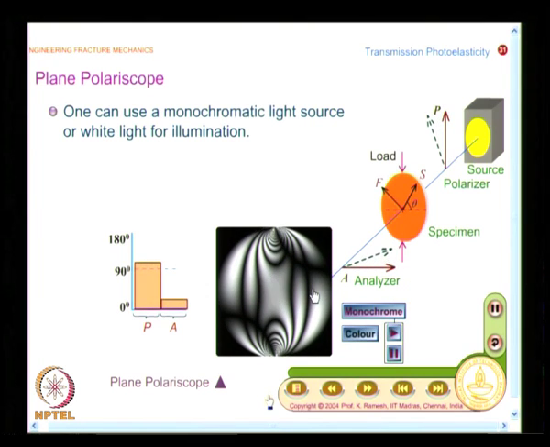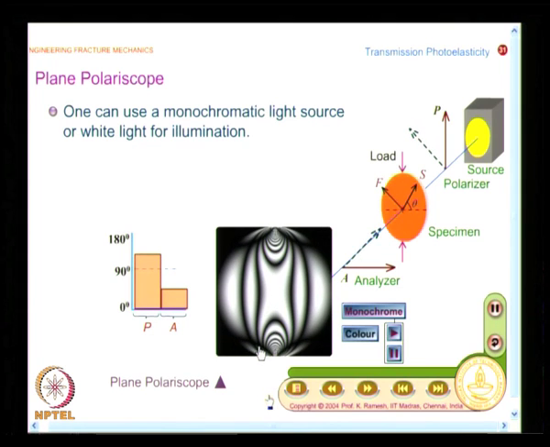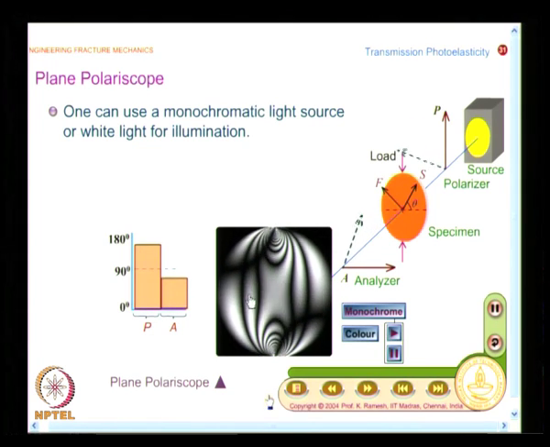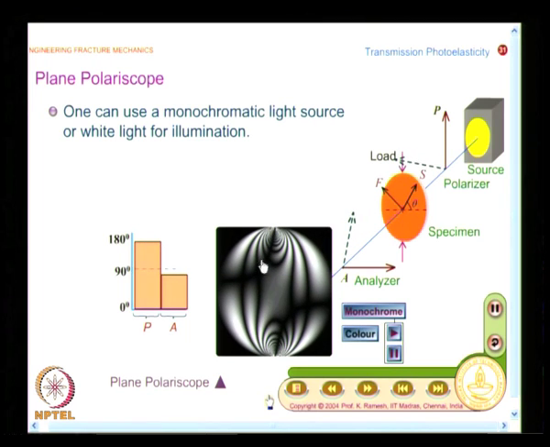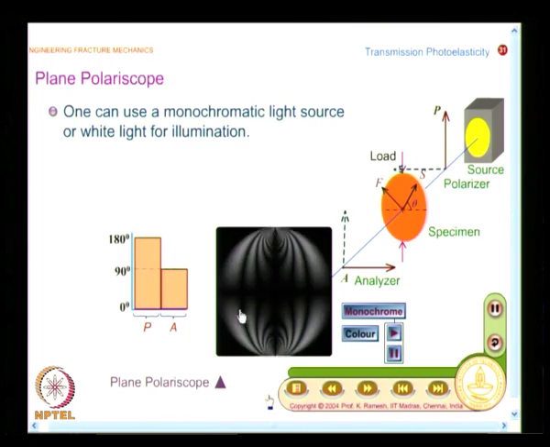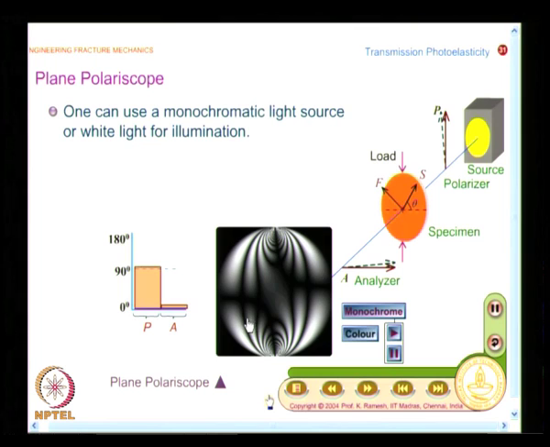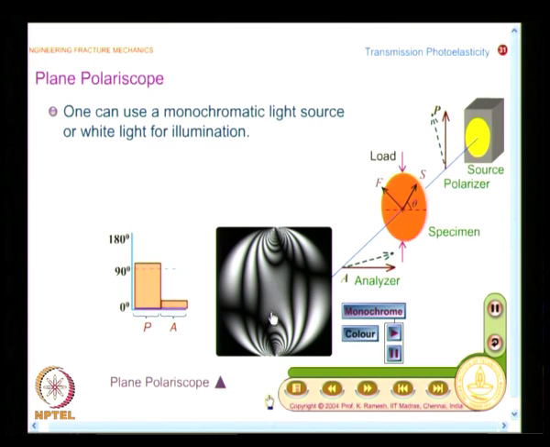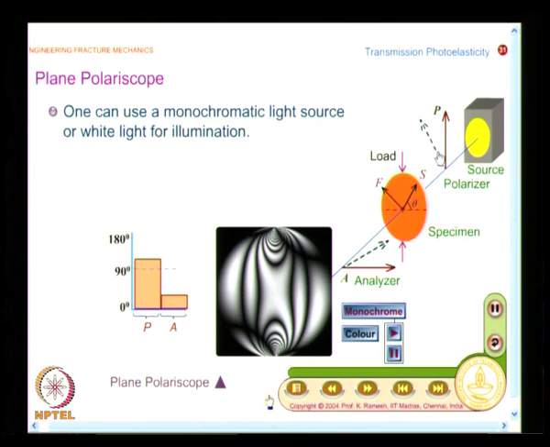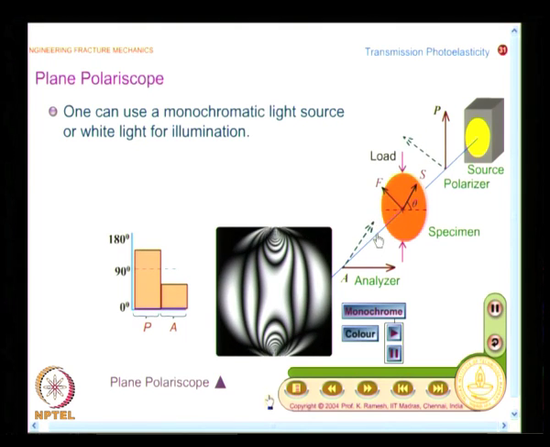When I rotate them, what I find is one set of contours remain stationary, these contours keep changing and they sweep the entire model. And this dotted line shows that the polarizer and analyzer are rotated, they are kept crossed.